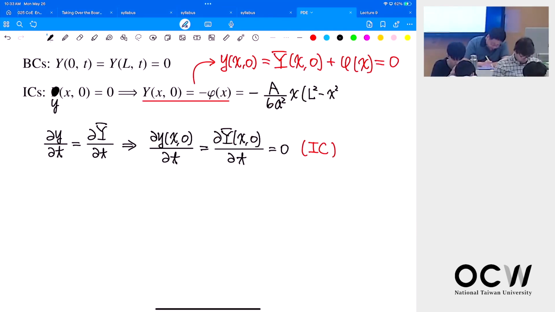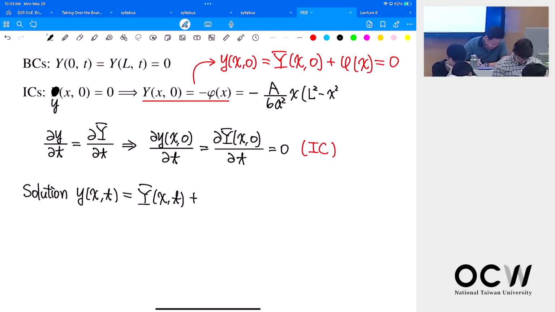So we have the solution. The y equals capital Y plus the function of x, phi.